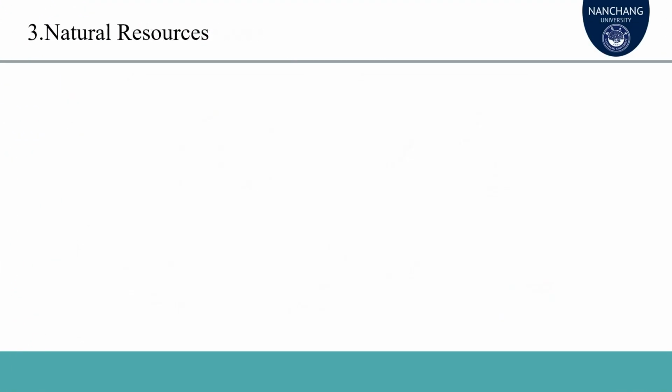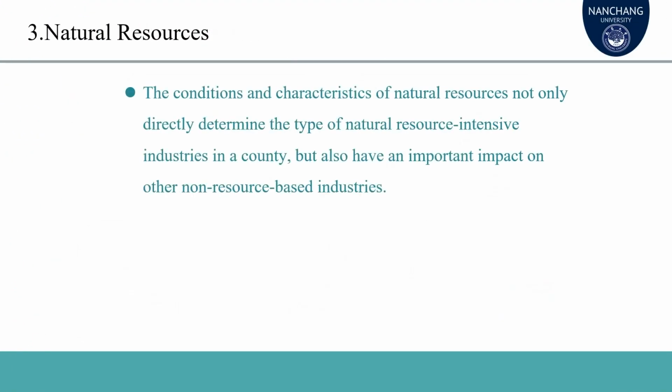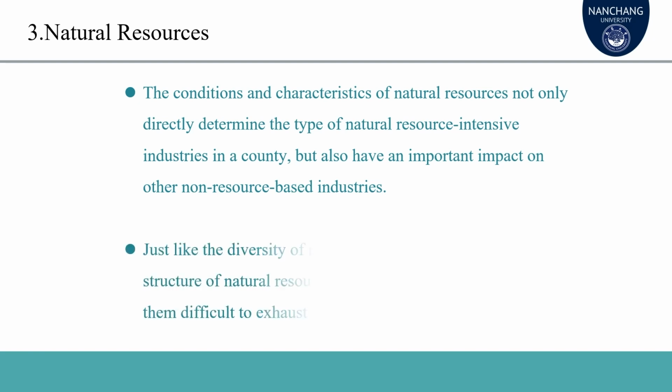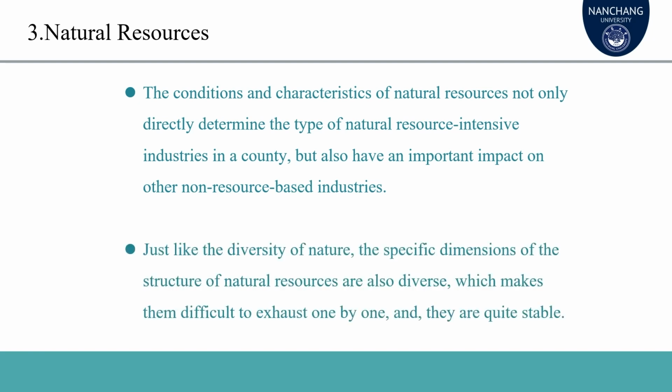Third, natural resources. The conditions and characteristics of natural resources not only directly determine the type of natural resource intensive industries in a county, but also have an important impact on other non-resource-based industries.